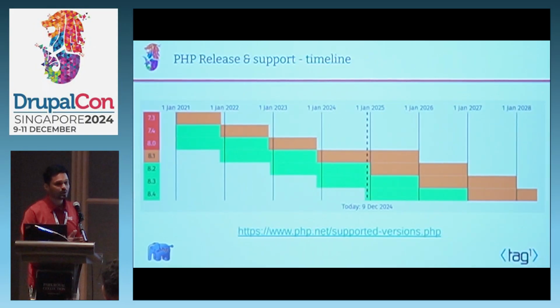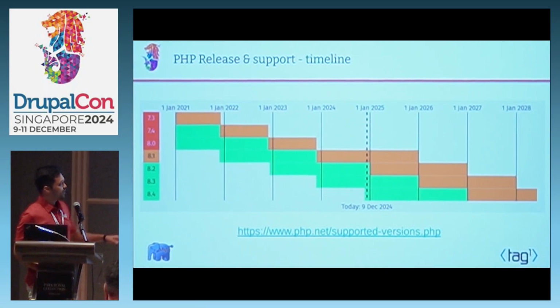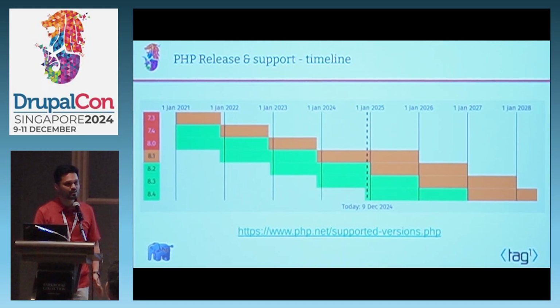And in a calendar view, you can see on the left-hand side, PHP 7.3, 7.4, and 8.0 are not supported anymore, which means they do not even get security updates. And today, which is 9th of December, because PHP 8.4 was released pretty recently, it goes on for the next 4 years.